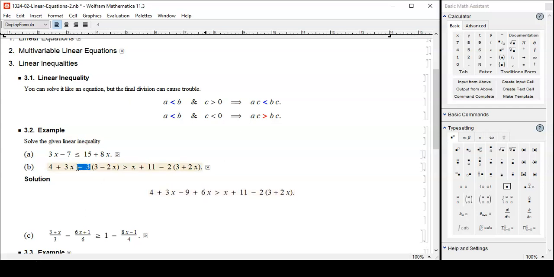Make sense? Negative 3 times 3 is negative 9. Negative 3 times negative 2x is positive 6x. Circle the entire number, including the sign. Let's do the same thing here. Negative 2 times 3, that's negative 6. Negative 2 times positive 2x, that's negative 4x.